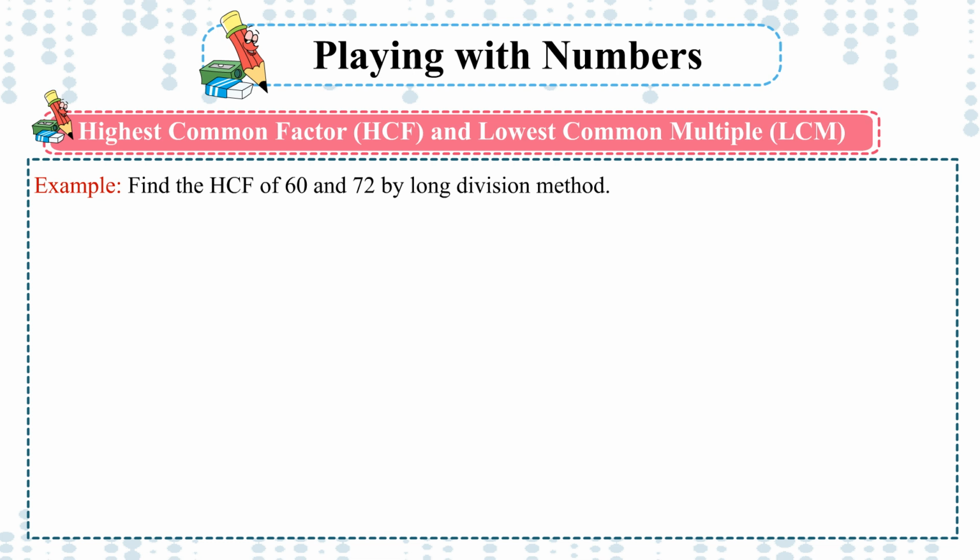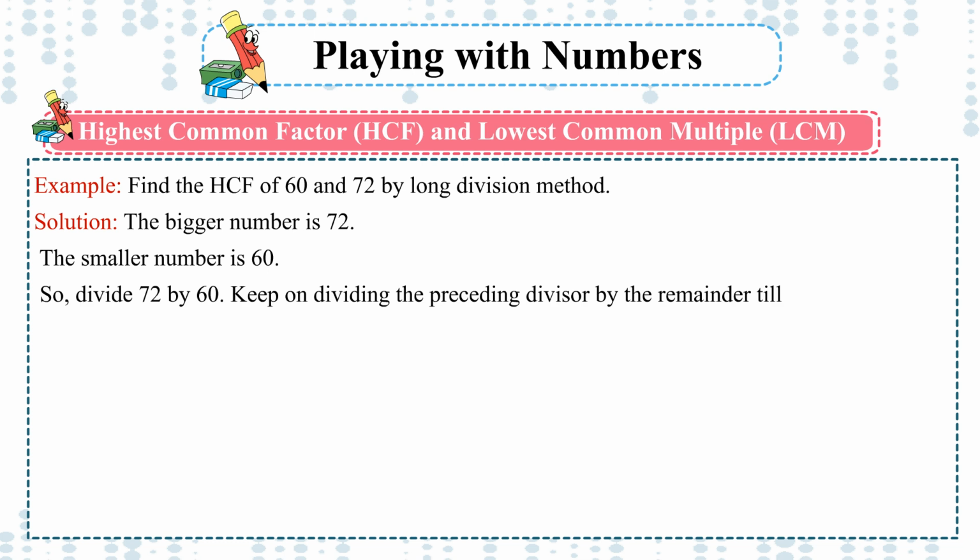Example: find the HCF of 60 and 72 by long division method. Solution: the bigger number is 72. The smaller number is 60. So, divide 72 by 60. Keep on dividing the preceding divisor by the remainder till we get remainder as 0. 72 divided by 60, 60 multiplied by 1 is 60.